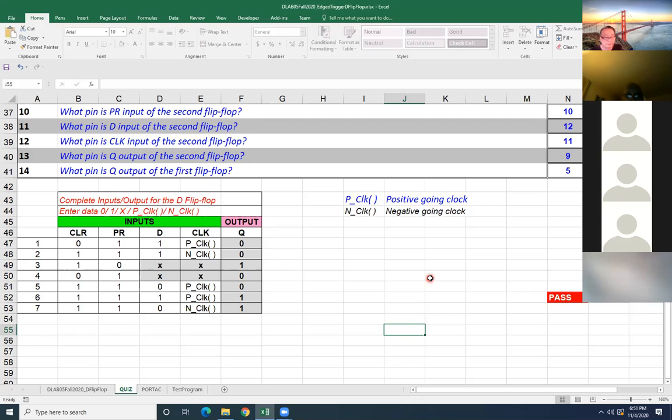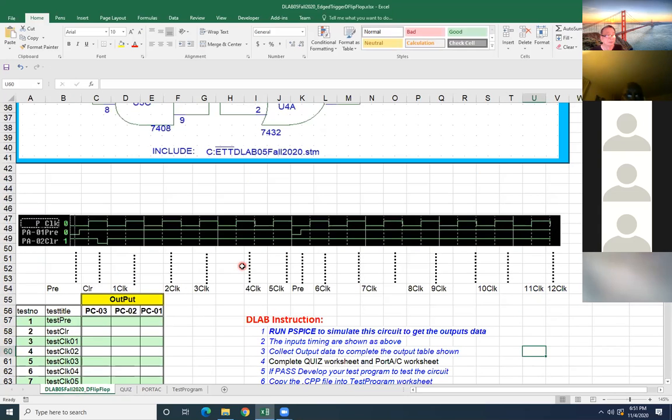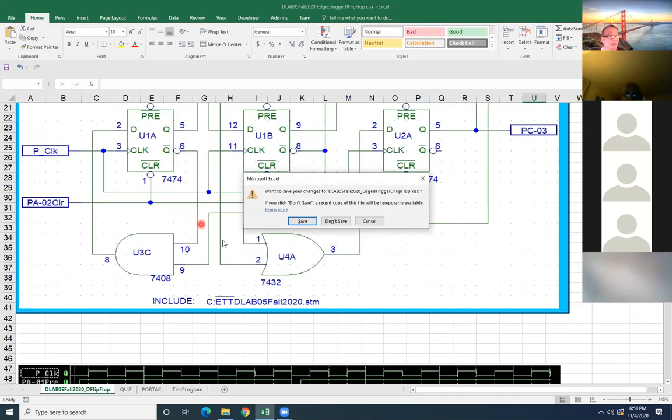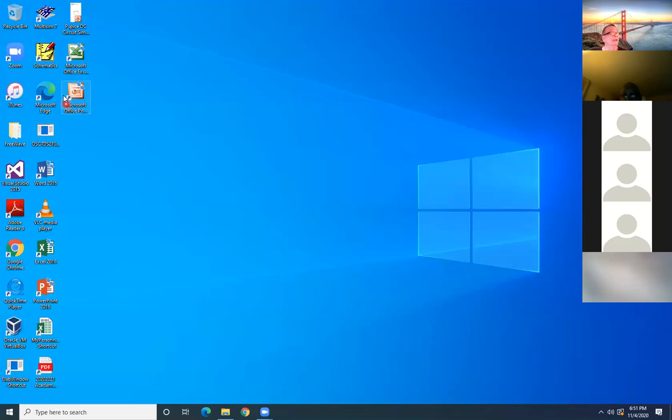Mr. Pham, for this assignment for the IC, when you do it in PSpice, what is the symbol for that IC? Okay, quickly, I can go to that.